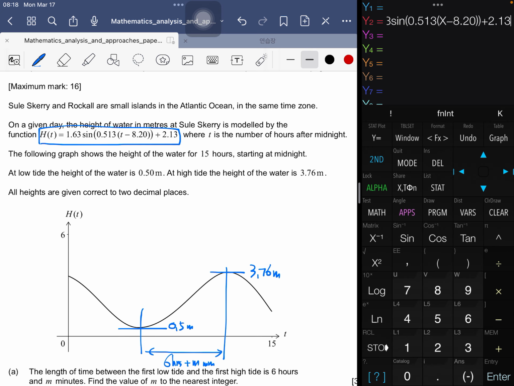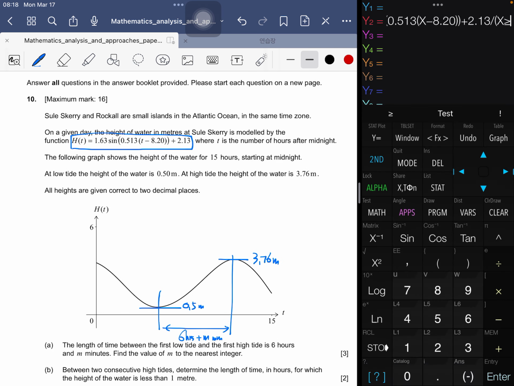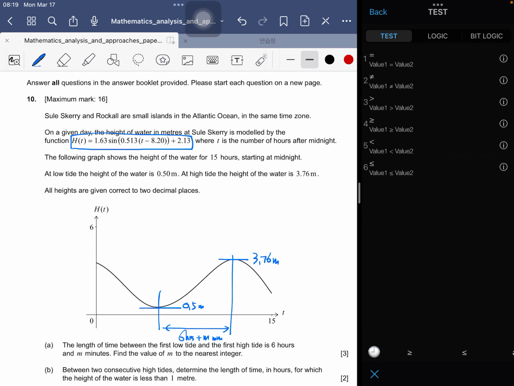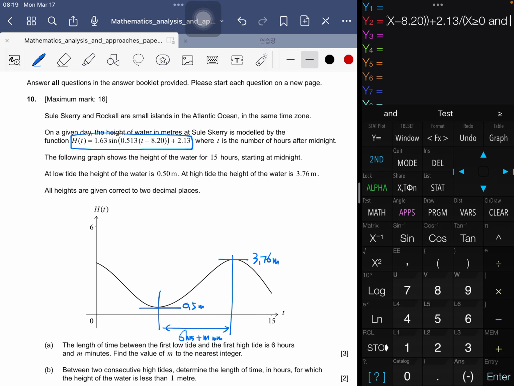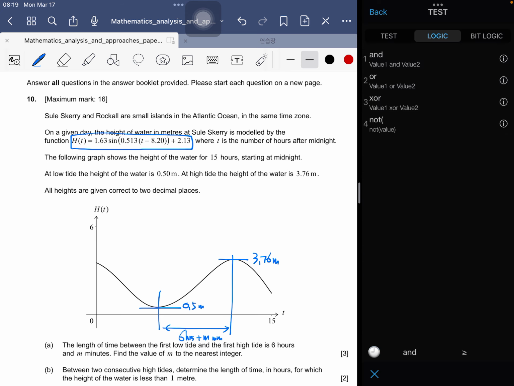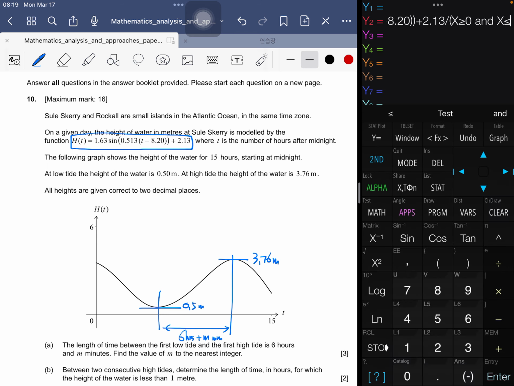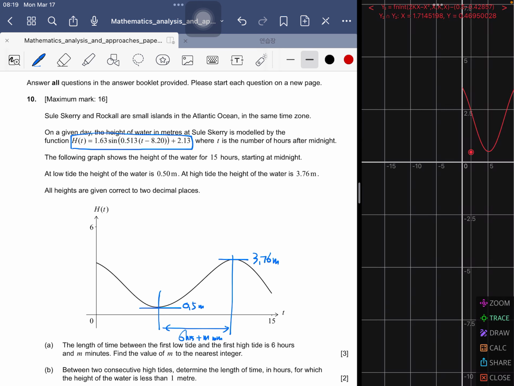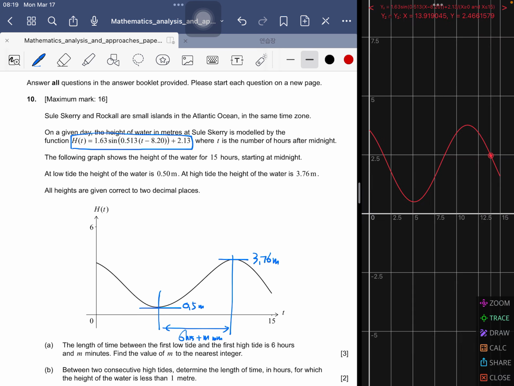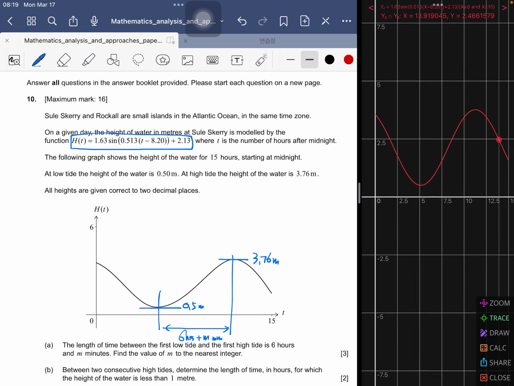In this case we're going to restrict the domain: divide by open parentheses x greater than 0, and x less than 15. The domain is from 0 to 15, and then we draw this graph. It shows exactly like that function over there.